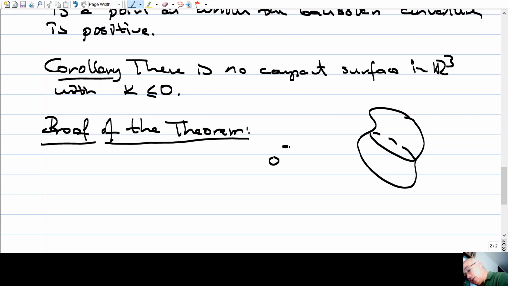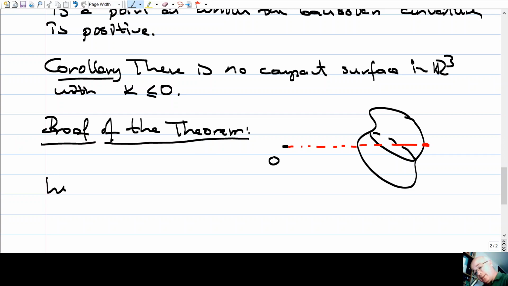Let's say it is here. So the point with maximal distance to the origin. We will show that if this is the point with maximal distance, then at this point, this surface looks like a sphere. Therefore, it has positive Gaussian curvature. That's the strategy of the proof. All right, now let's see the details.